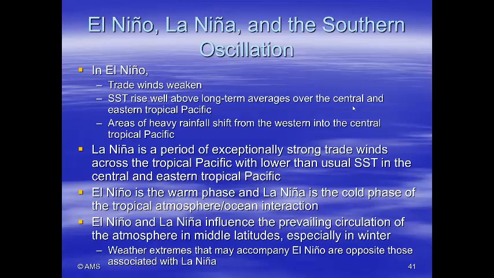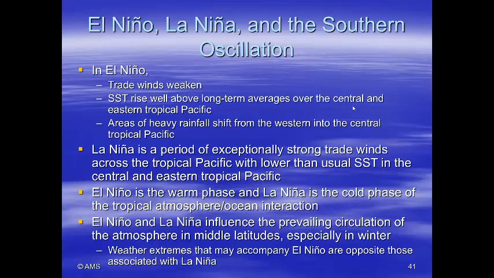La Nina is a period of exceptionally strong trade winds across the tropical Pacific, with lower than usual sea surface temperatures in the central and eastern Pacific. El Nino is the warm phase, and La Nina is the cold phase of the tropical atmosphere-ocean interaction.